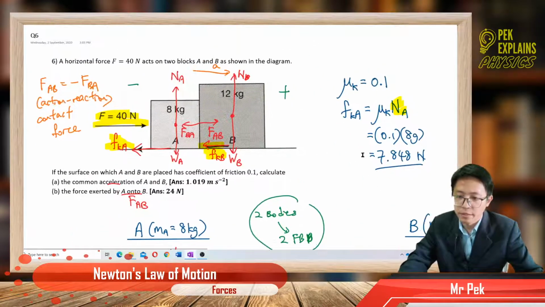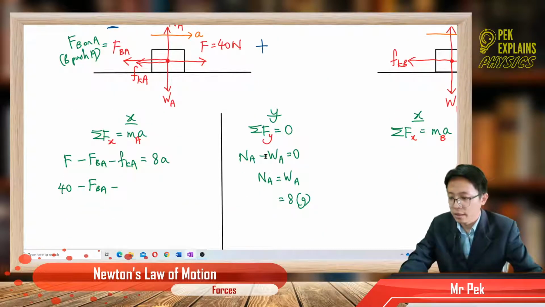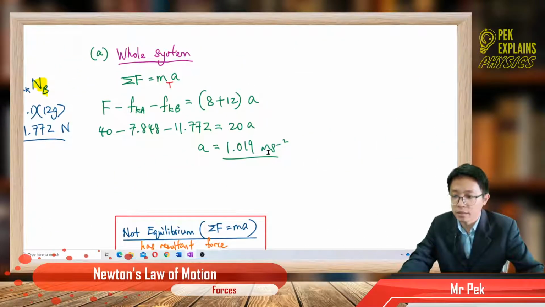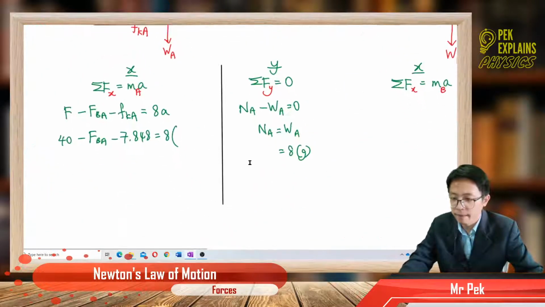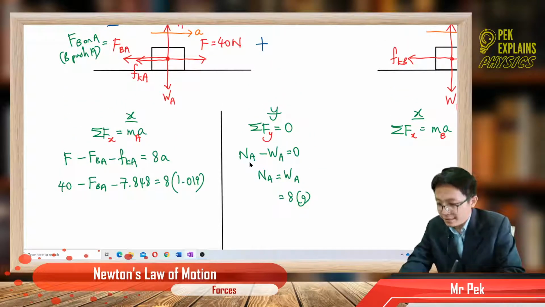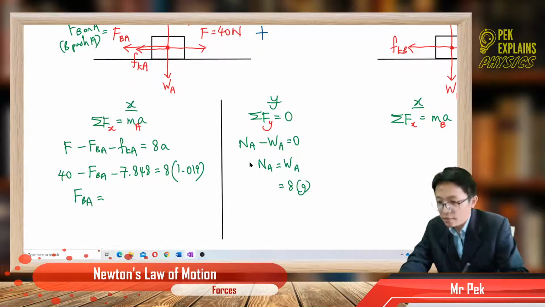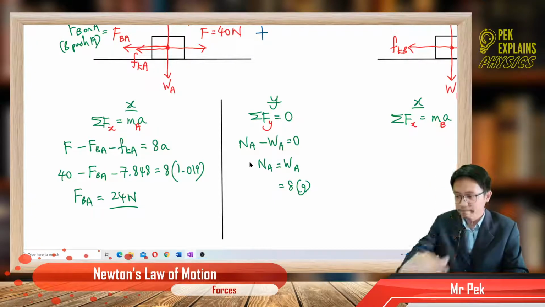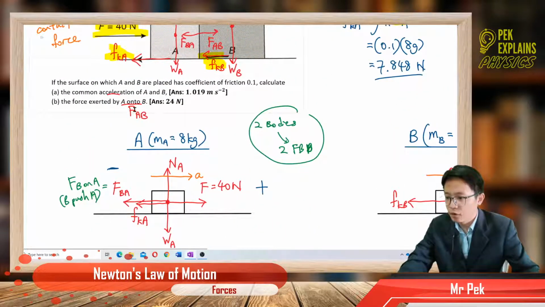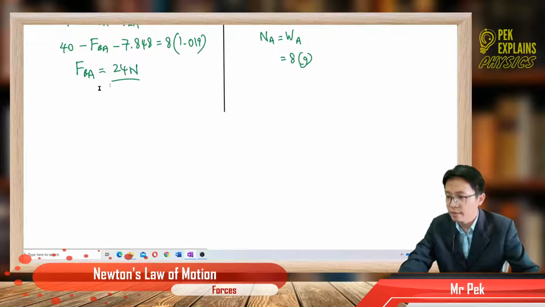Yeah, that's the friction on A. So 7.848, and then 8 times the acceleration we got just now, which is 1.019. Then finally we get our contact force FBA is 24 Newton. Okay, you calculate and see. So that's the answer for the contact force FBA.